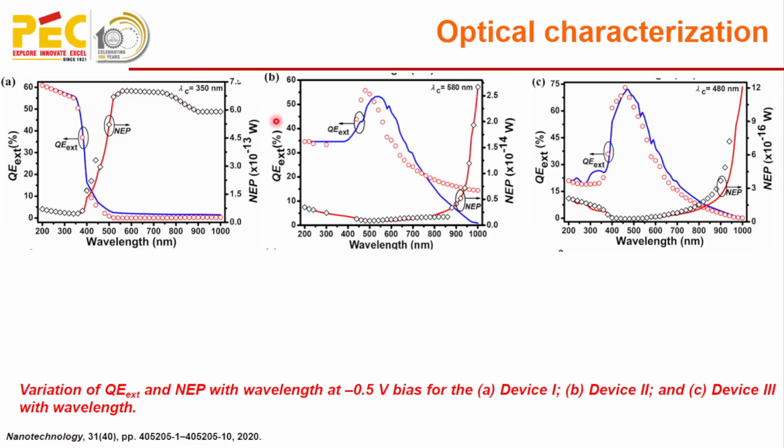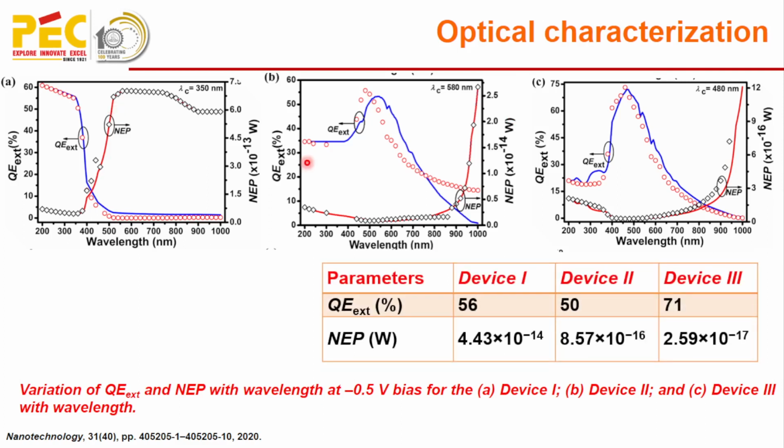The quantum efficiency and noise equivalent power closely match the analytical expression, and device 1 has a quantum efficiency of 56%, device 2 has 50%, and device 3 has 71% at a bias of minus 0.5 volt at 300 Kelvin.